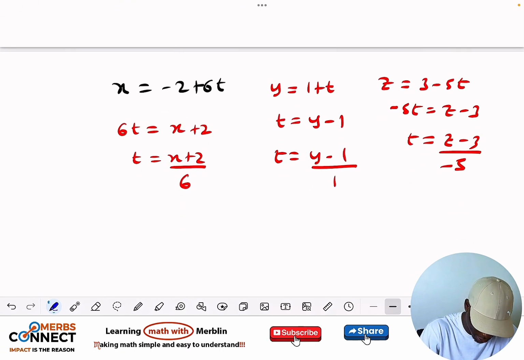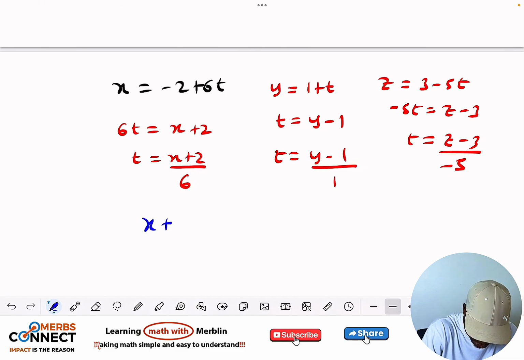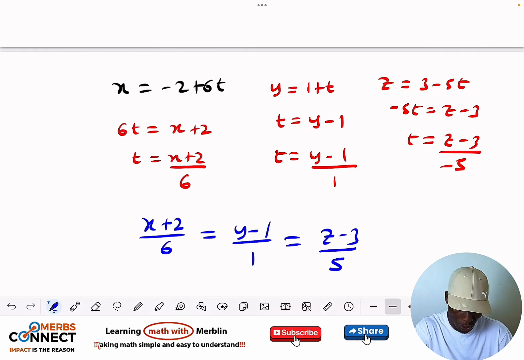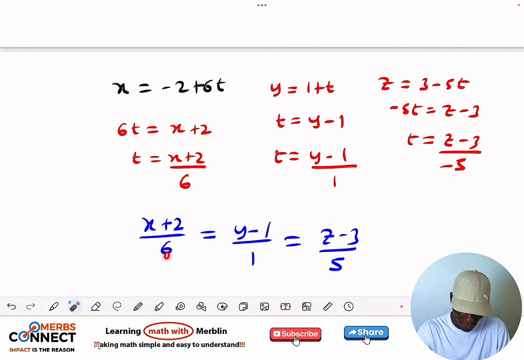So symmetric form, since each of these is t, I can write this as x plus 2 divided by 6, which is equal to y minus 1 divided by 1, which is equal to z minus 3 divided by minus 5.